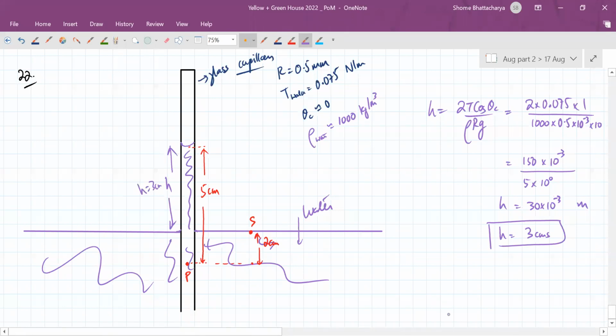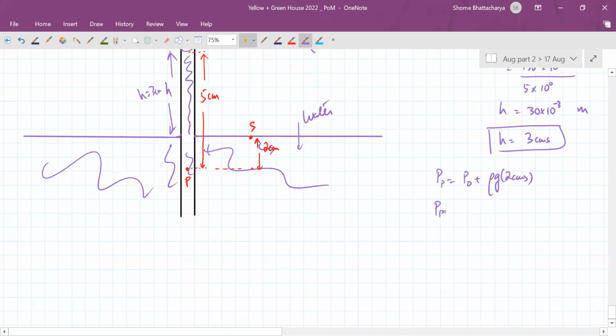So the pressure at that point P will become atmospheric pressure plus rho G into 2 centimeters. So the pressure difference between that point and atmospheric pressure will be this much: 200 pascals.